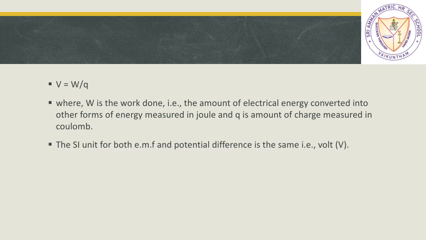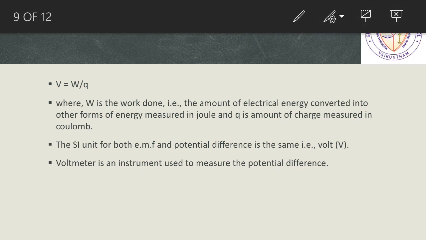The SI unit for both EMF and potential difference is the same, volt, V. So note the difference between EMF and potential difference. In simple words, EMF refers to the voltage developed across the two terminals of an electric source when it does not produce any current. Just as simple as that.